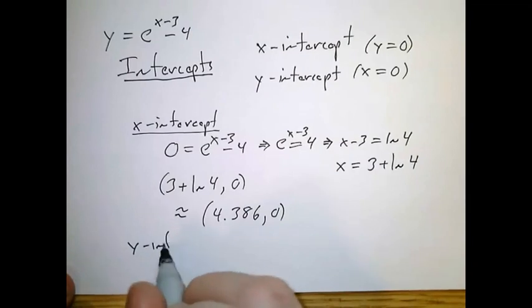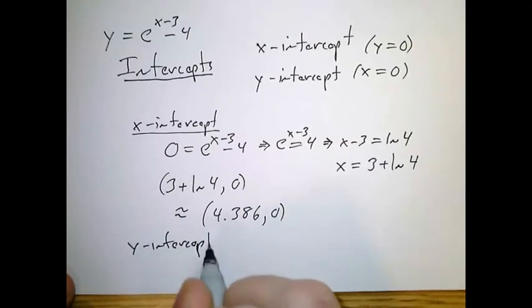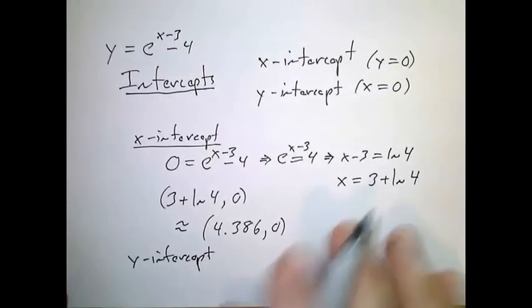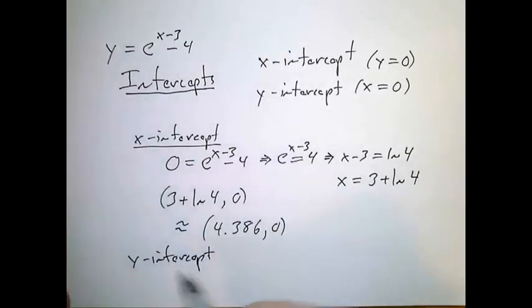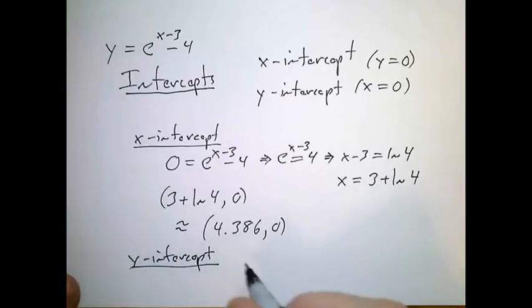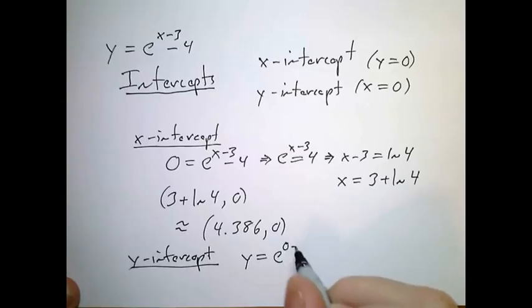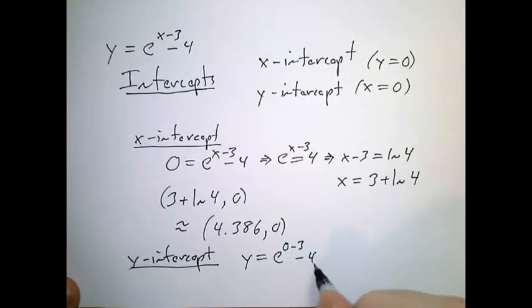The y-intercept's a little bit easier. So the y-intercept here, what I'm going to do is I'm going to let x be 0. So I get y equals e to the 0 minus 3, minus 4, or e to the negative 3 minus 4.